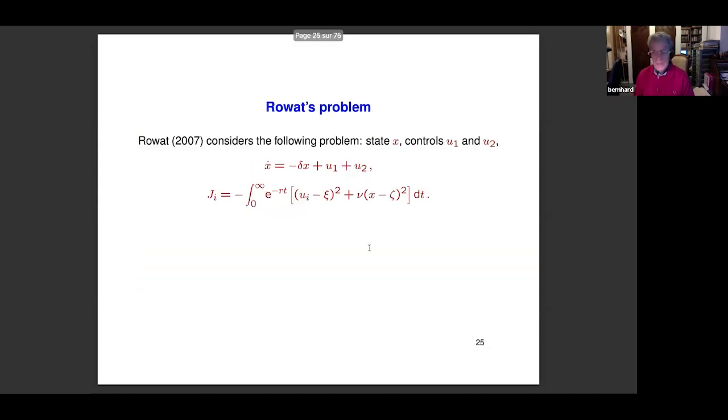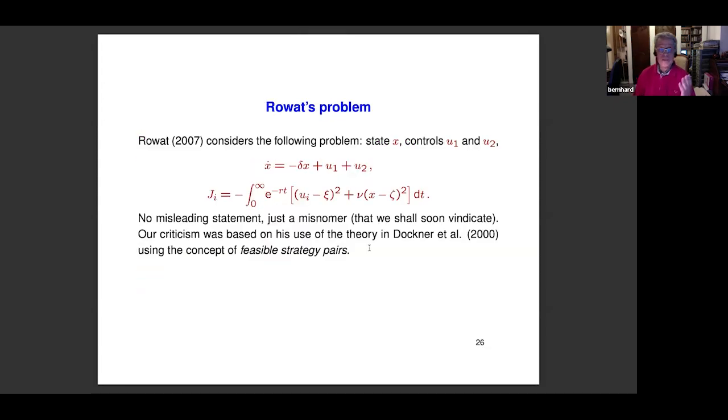In Rowat's article, there is no misleading statement. He doesn't claim that that's really the game he considers. There is what I call a misnomer, because I claim that what he shows are not Nash equilibria.